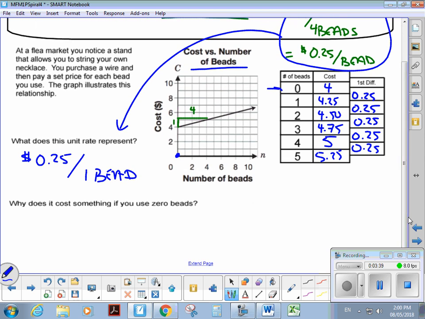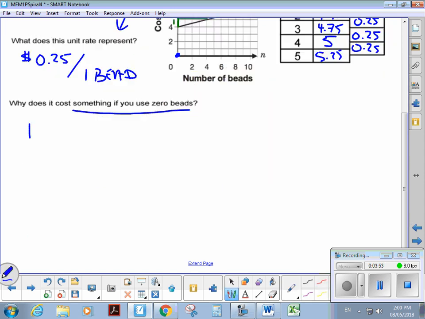And the last question, why does it cost something if you don't buy any beads? So here we have bought 0 beads. It's $4. So I'm just going to get this up higher so I can write. So for 0 beads, it costs $4. Why is that?